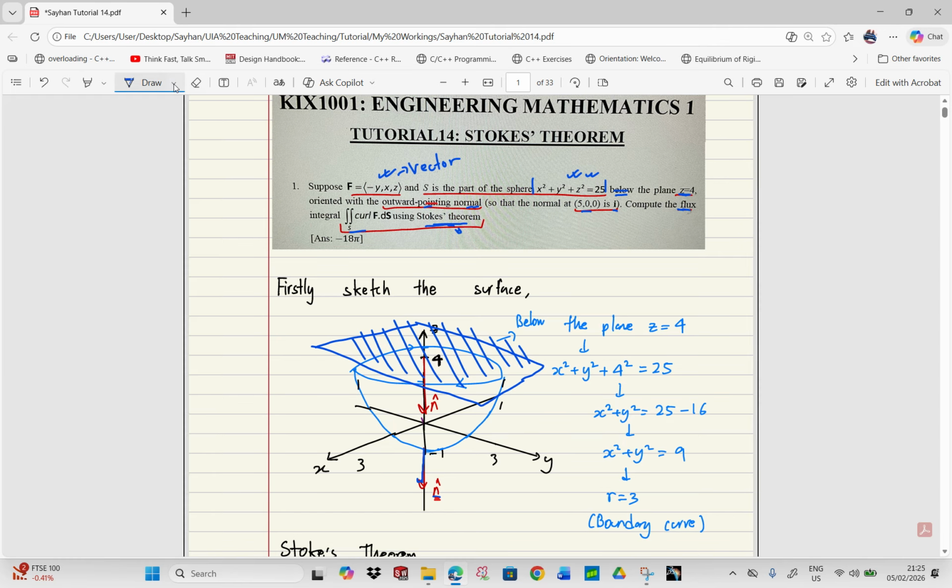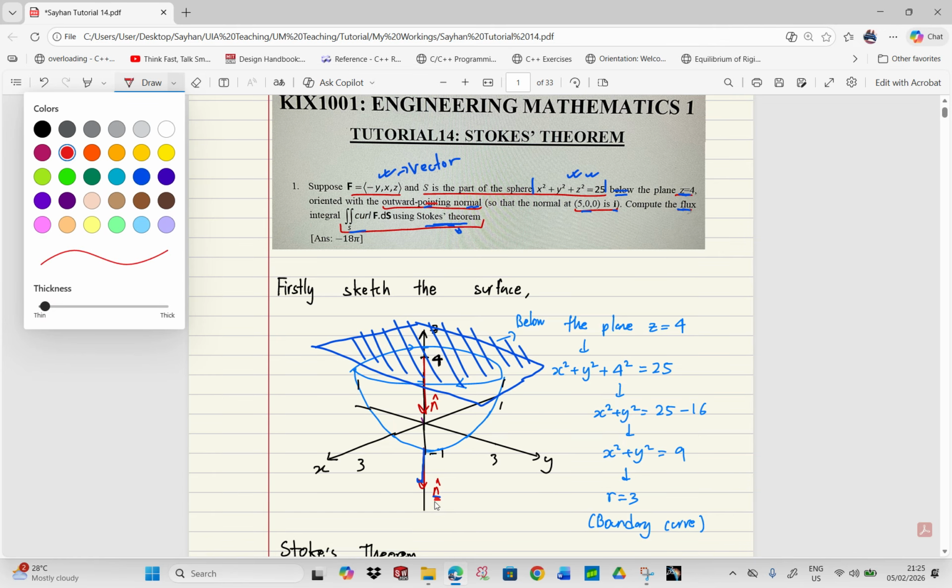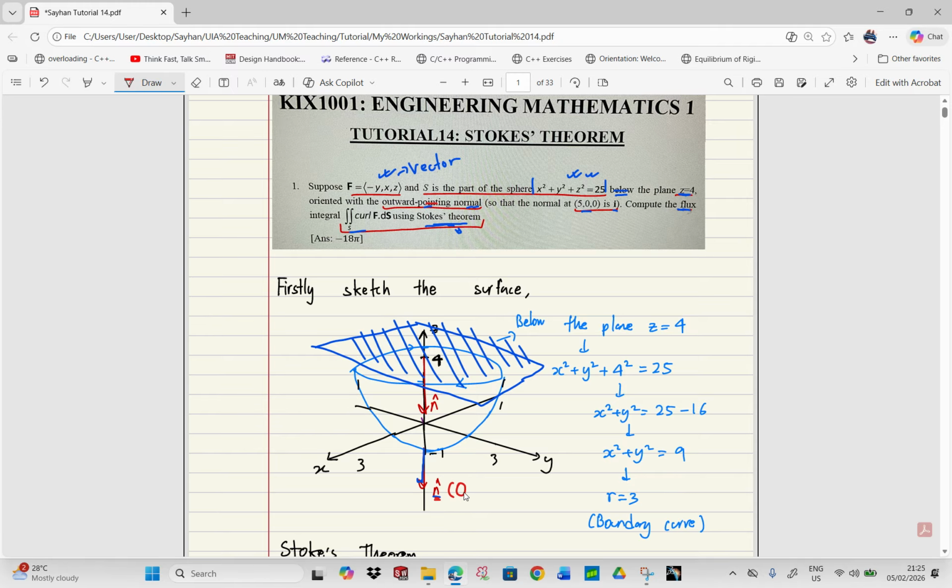Let me write it in color. Because at (5,0,0), when x is 5, the normal vector here will be pointing this way. So your outward normal vector will be going this way. Clear? From the surface is going downwards.